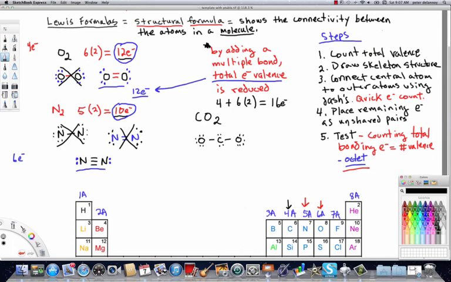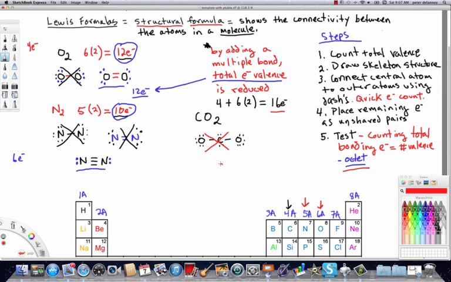And now I move to the testing stage. I'll use red for this one and count. So I've got 2, 4, 6, 8, 10, 12, 14, 16, 18, 20 electrons. Magic number is 16. This cannot be right.